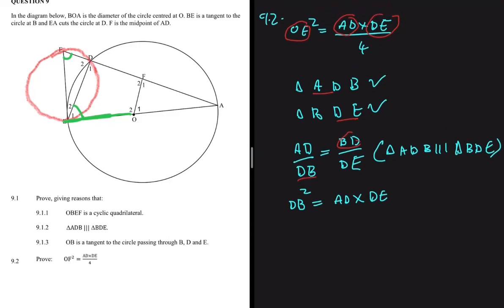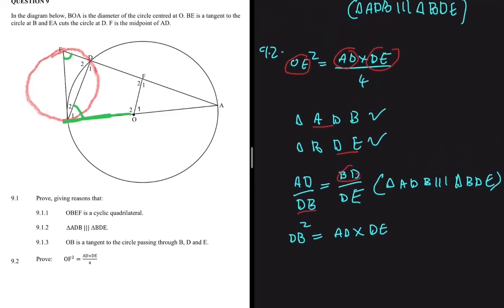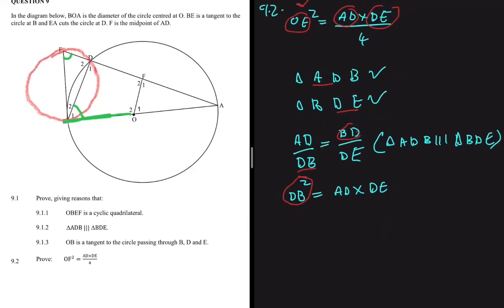And then we're not done, right? Here we have DB squared, but in what we are required to prove, we have OF squared, right? So let's try and find how DB squared and OF squared are related. It's not really easy to see here, but 2OF is equal to DB.